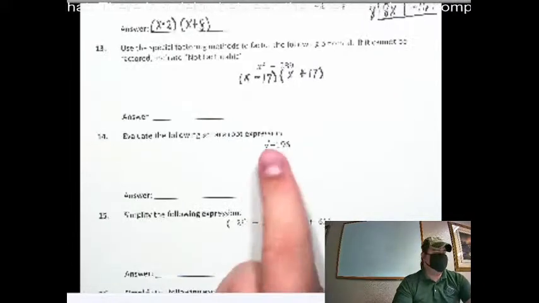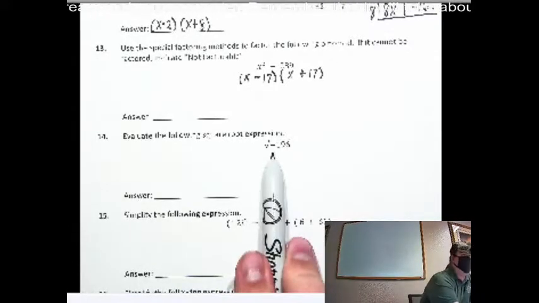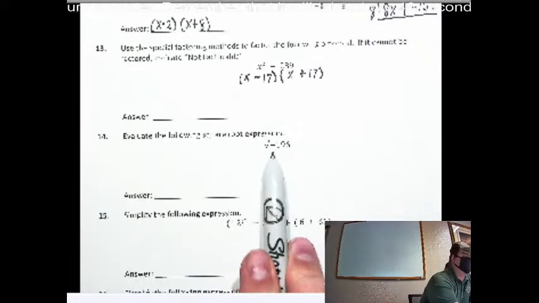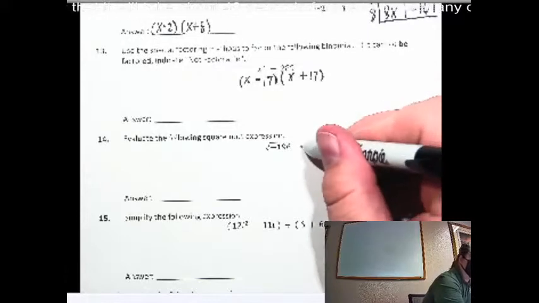In other words, are we going to need to use i here? Yes. If we have a negative underneath our square root like this, first thing we should do is take that negative out as i.